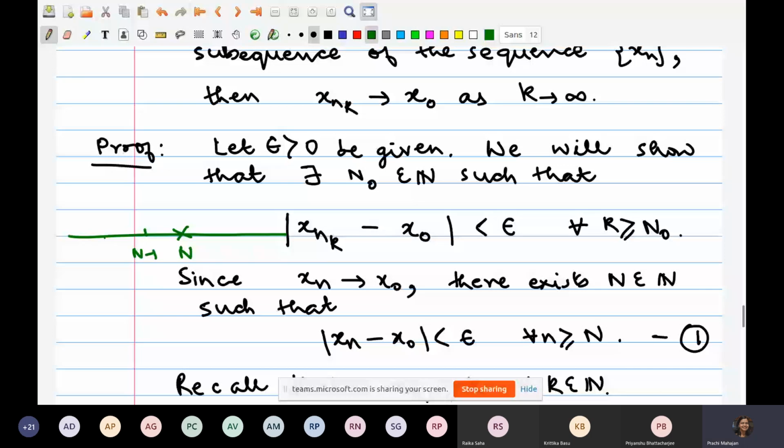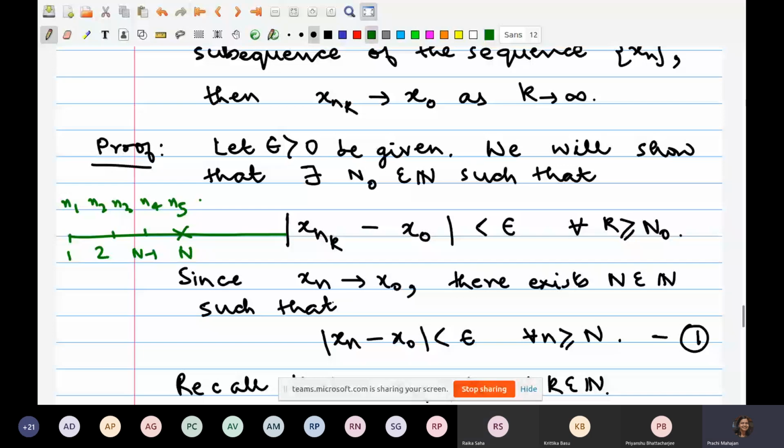But what is it that I am given? I am looking at n1, n2, n3, n4, n5, n6, like that. So the subsequence xnk is indexed by xn1, xn2, xn3, xn4, xn5. Now, I can apply inequality 1 only if the index nk is bigger than capital N, right? Is that okay?